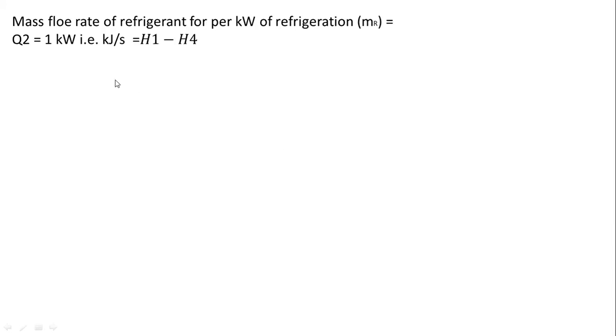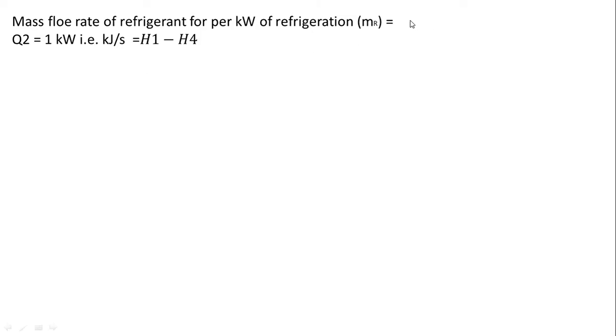So we know that if we want 1 kilowatt of refrigeration effect, we have to find out how much refrigerant should flow. That can be found like this: Q2 is equal to H1 minus H4, and we know that Q2 is 1 kilowatt. So Q2 is equal to the mass of refrigerant multiplied by H1 minus H4.